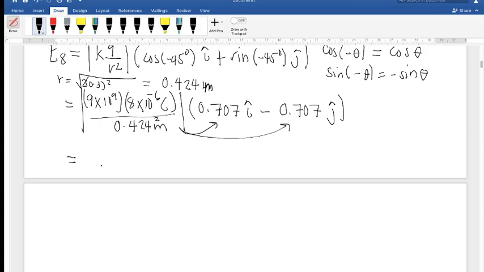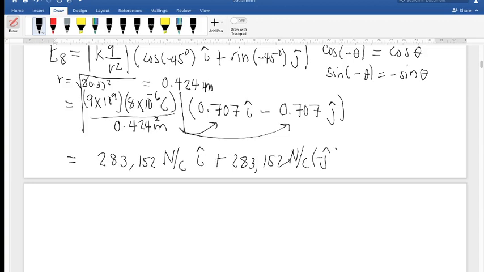That is 283,152 Newton per coulomb. The same goes for the other term when we multiply, so we have 283,152 Newton per coulomb j hat. Or we can put the negative here, meaning it is in quadrant 4. Okay, so we have a positive x component and a negative y component.